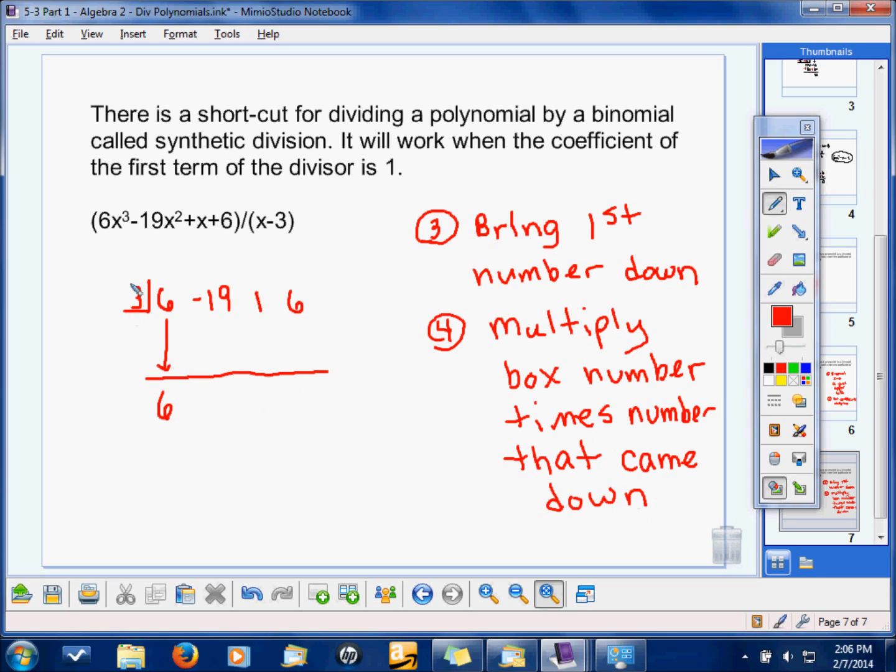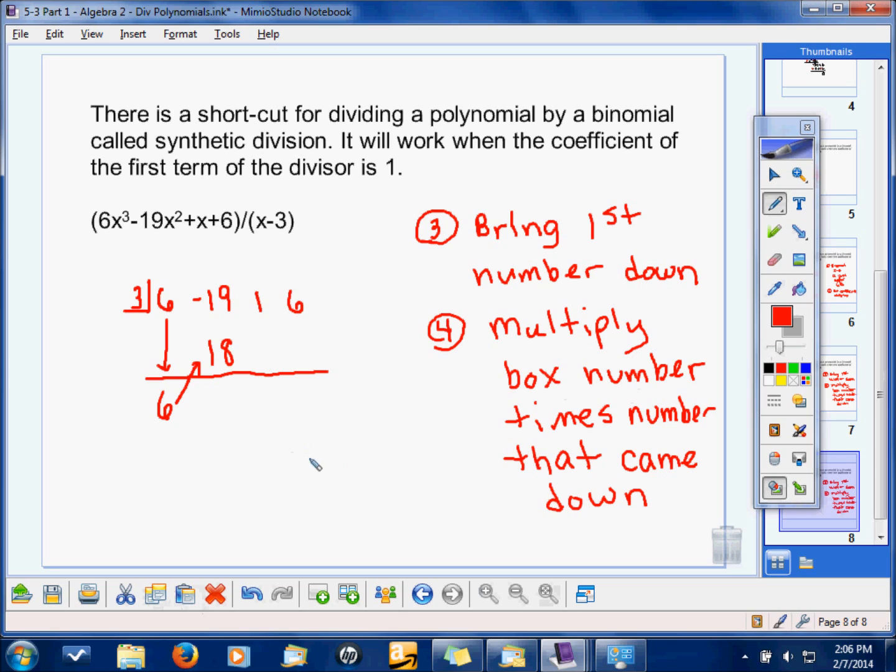In other words, we take 3 times 6, which gives you 18, and that number goes right here. Okay, so you bring that one up and you put it underneath the next number. Okay. Making sure everybody's got that written. Okay, I'm running out of space, so I have to keep on putting more things up here.